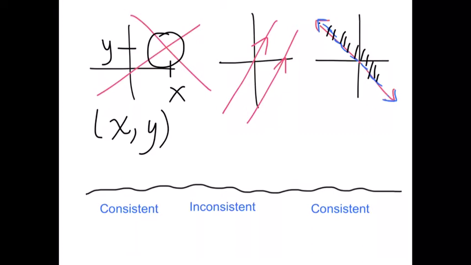Yes, it has infinitely many points of intersection, so therefore it is consistent. So there you have it, the 3 cases: one point of intersection, which is consistent; parallel lines, which is inconsistent; and 2 lines that are the same line, same equation, consistent because they have infinitely many points of intersection. Hope that helps clear up the vocab.